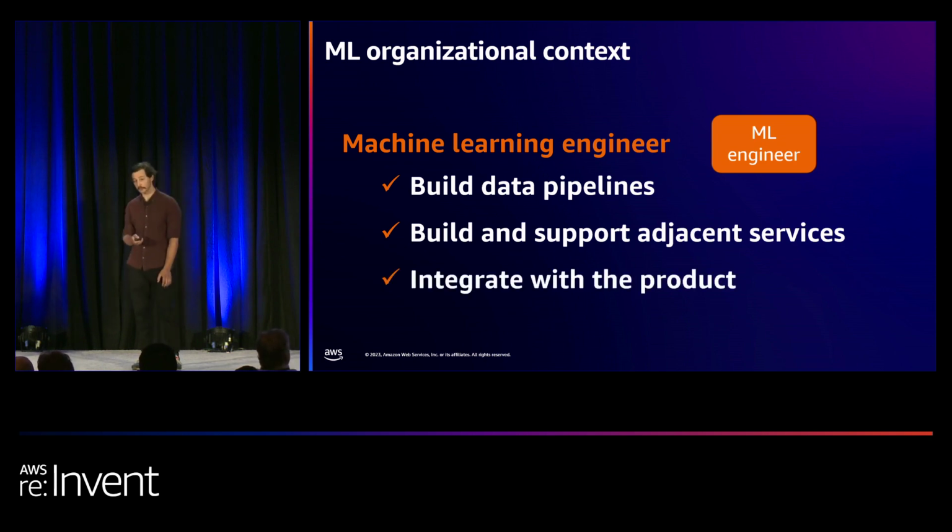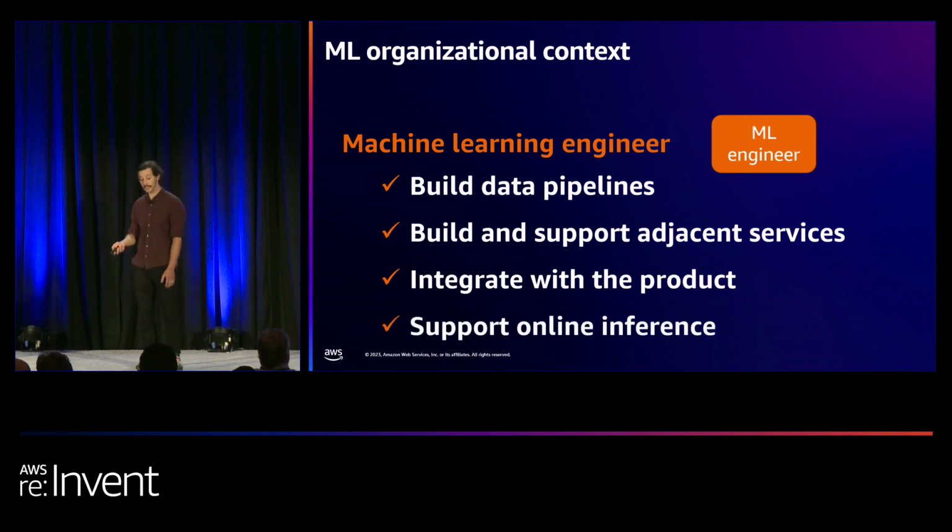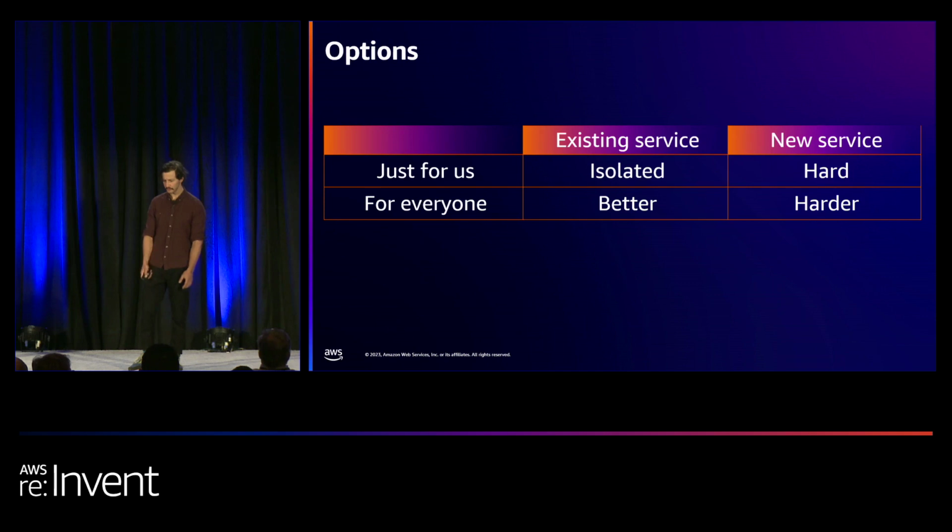They also integrate it with the product, because at a certain point you want to get the ML predictions into your product. That's usually handled by machine learning engineers. And then at the end of the day, you have to keep that online inference online, and that's part of their role. But in reality, the roles are pretty fuzzy, and it's not like you only do one role or the other. It's more like a spectrum, and you go across.